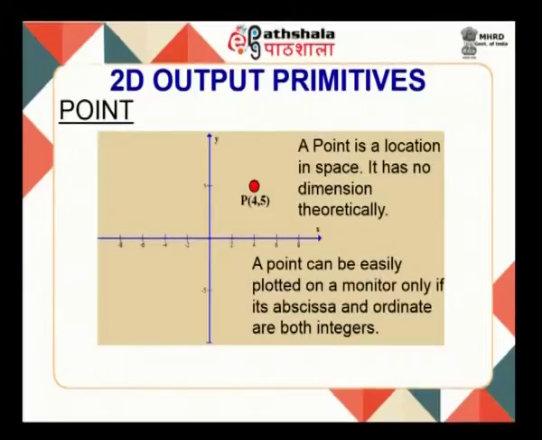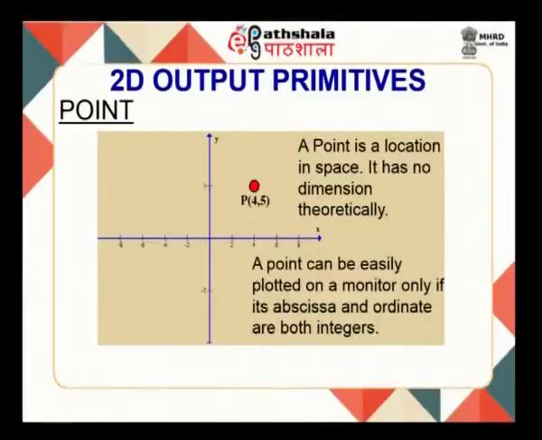One important thing that we should remember is that the monitor is a device which has a rectangular arrangement of pixels, and a pixel is identified or located using an x coordinate and a y coordinate, some x position and y position.